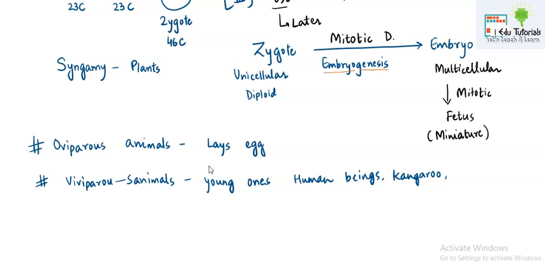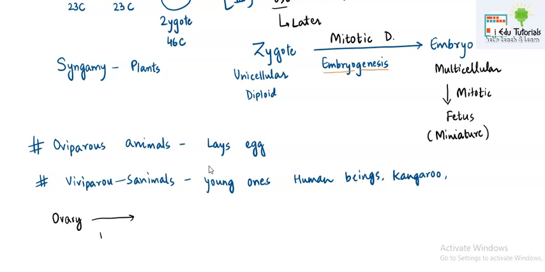Now again we will come to the plants. In plants, once the embryo is formed, whenever fertilization happens, the fertilized ovary, earlier the ovary was there.